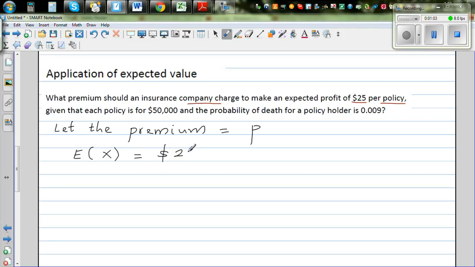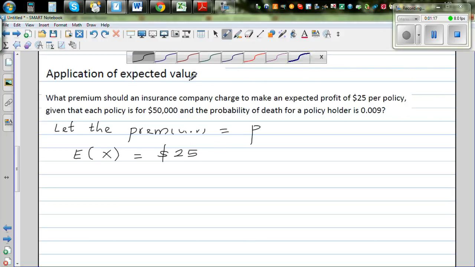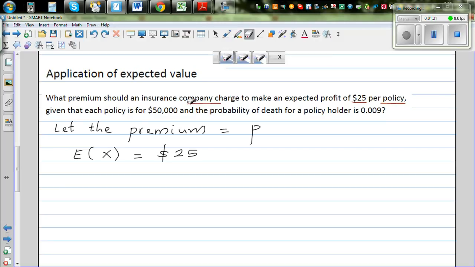So what does this mean? This means if a particular policy is sold to a huge number of people, they're expecting to gain $25 per policy. That's what they're thinking of.